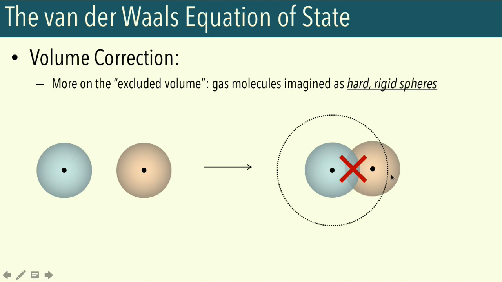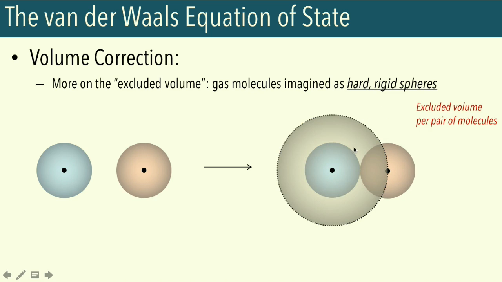The only place where the orange molecule is allowed to approach your blue molecule is along or outside this edge, this circumference. So the center of our molecule can only be along or outside this edge. It could be here, here, here, or outside this edge, but the center cannot be inside.